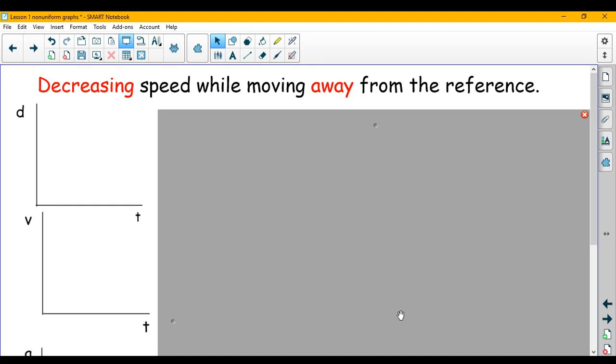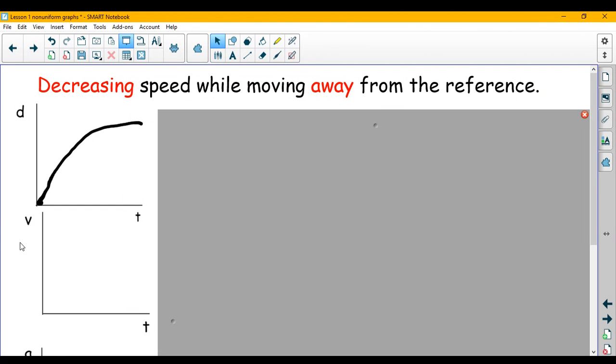Decreasing speed means that it's still going to be a curve because it's changing its speed, but instead of a curve that gets steeper, I need to now draw a curve that is going to get flatter as it goes along, which means it needs to start off nice and steep, and as it goes up, it flattens out.